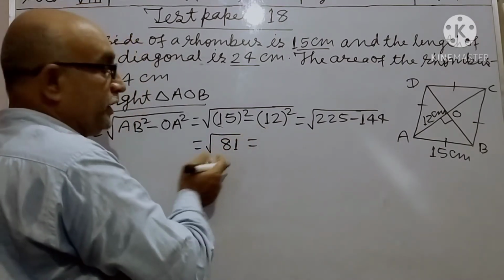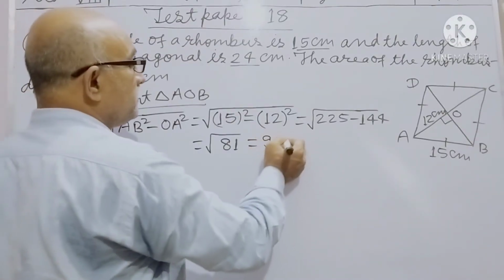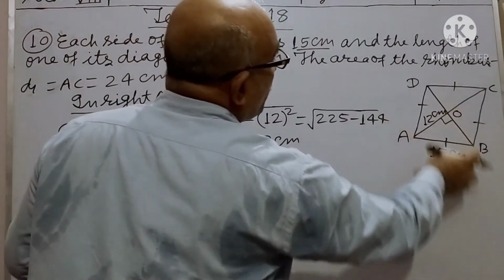The square root of 81 is 9 cm. So OB is 9 cm.